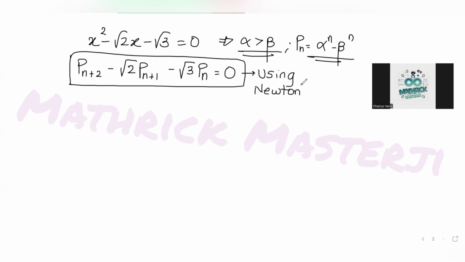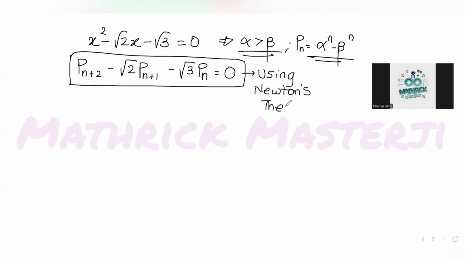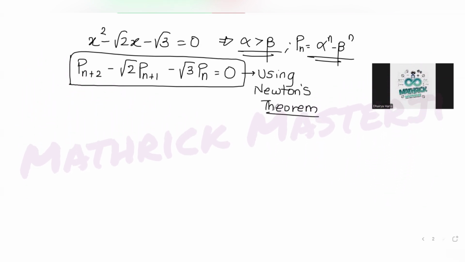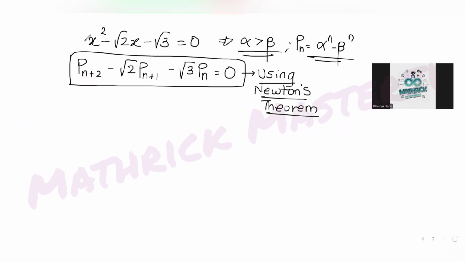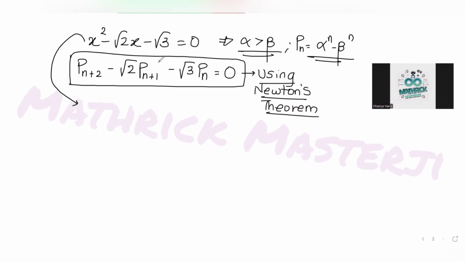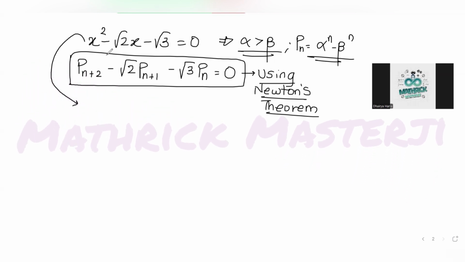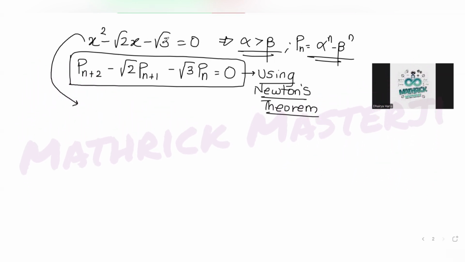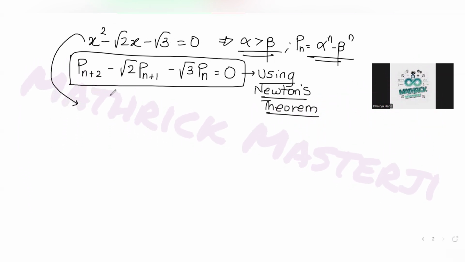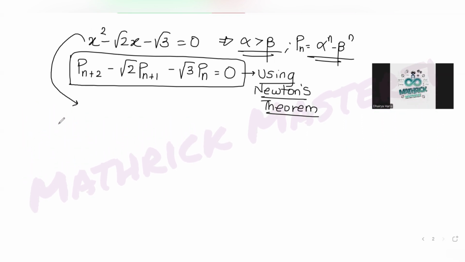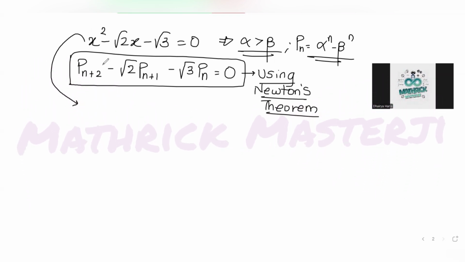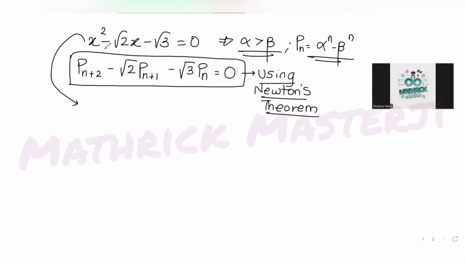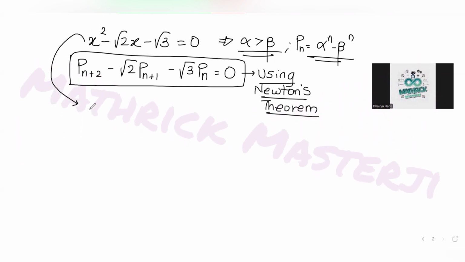So this condition I'm getting using Newton's theorem. Those who understand Newton's theorem can skip the explanation that I'm going to provide now. Otherwise, those who don't understand, first let's understand how I get this expression. I know alpha and beta are the roots of this quadratic equation, so they are going to satisfy it.